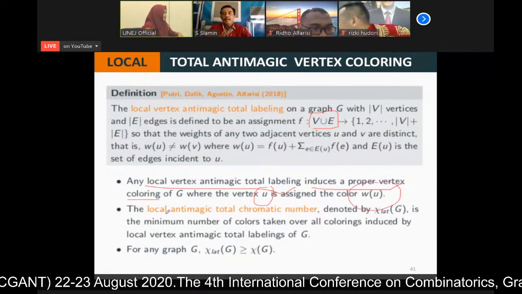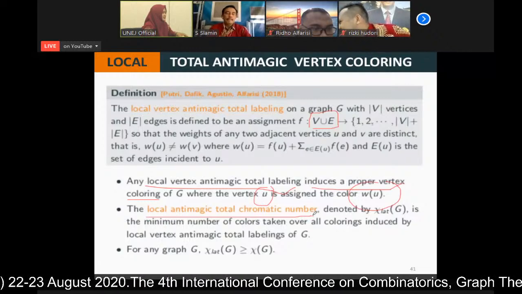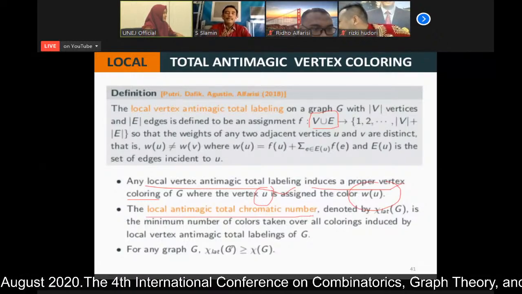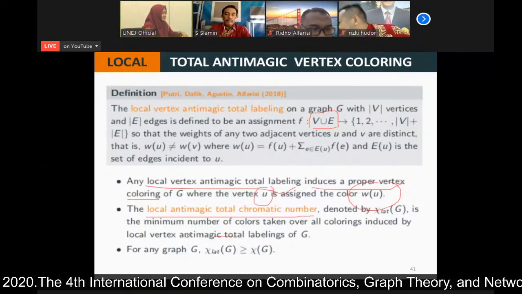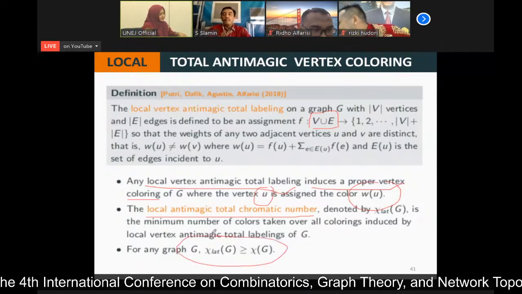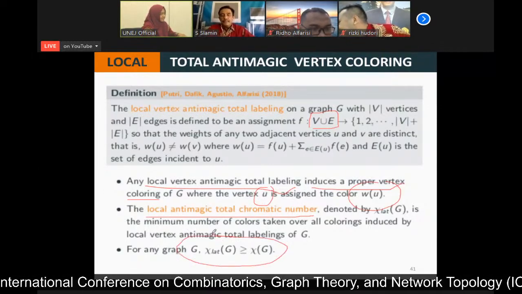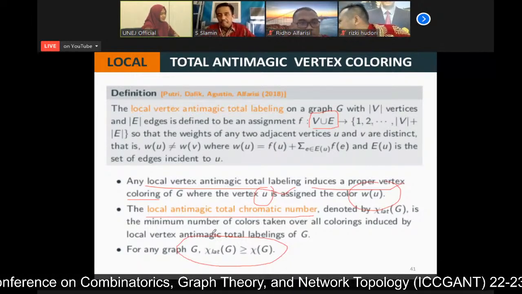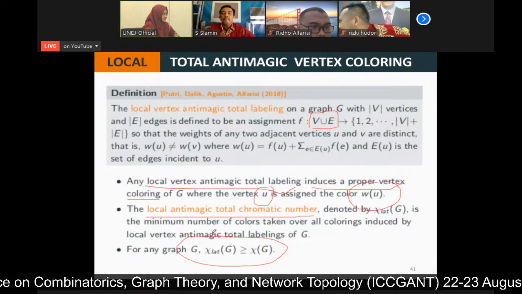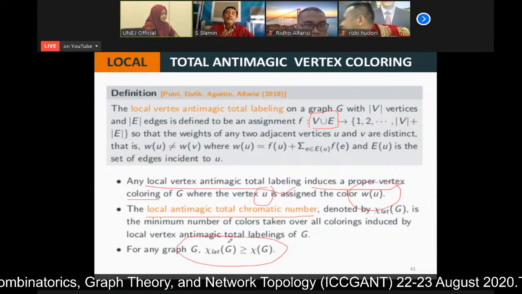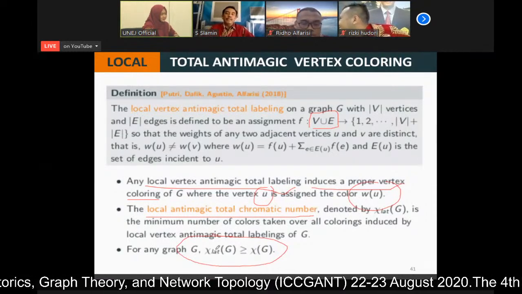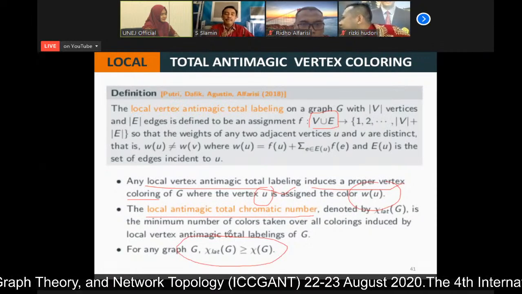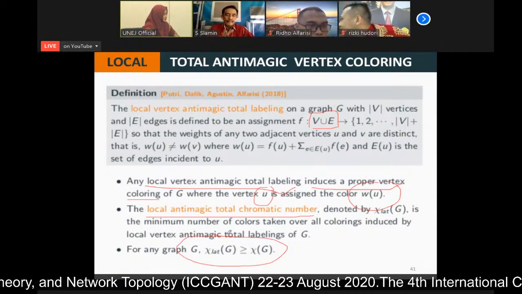And we also have this chromatic number, and we also have the lower bound, which is the original chromatic number of G. But what happens if you compare chi-lat of G and chi-LA of G?